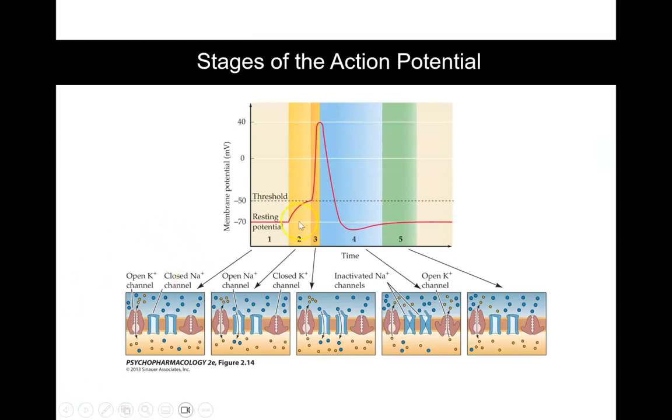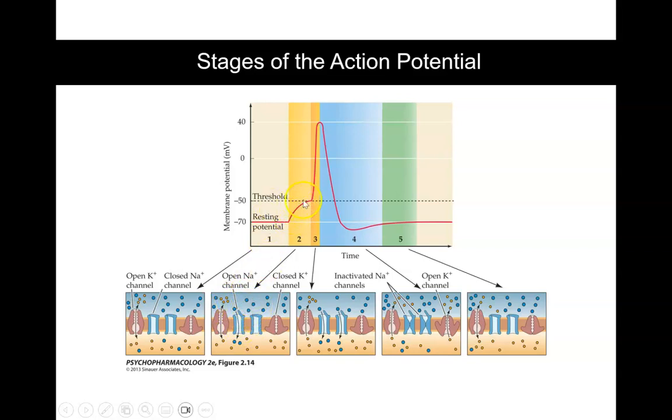So here are the stages of the action potential, and here you can kind of see why the threshold is what it is. Basically at rest, you can see that the sodium channels are closed. If we have a depolarizing current, some of the sodium channels are going to begin to open.